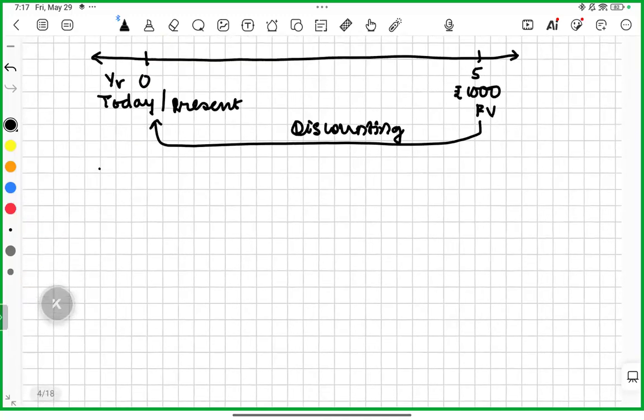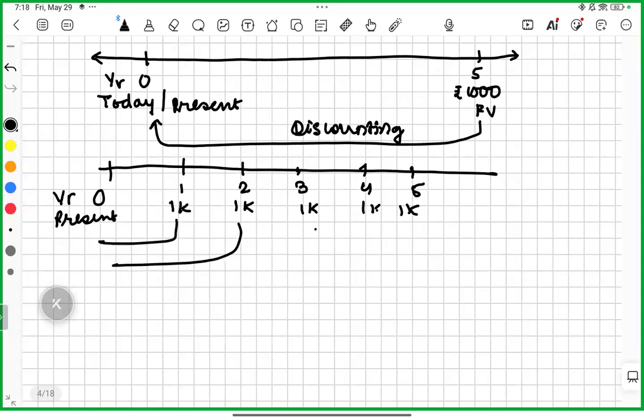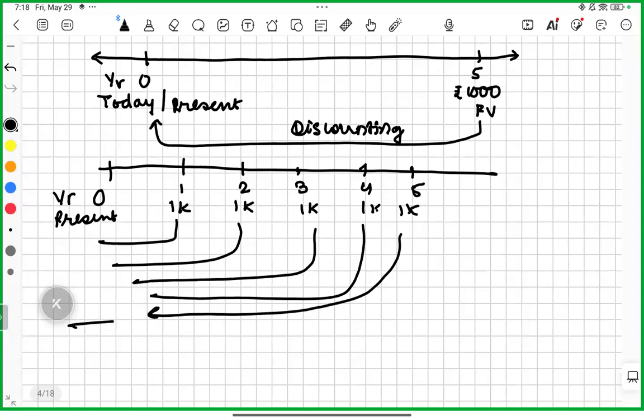Similarly, you can also have a situation where you are receiving, let us say at the end of year 1, at the end of year 2, at the end of year 3, 4 and 5 and so on, 1000 at the end of every year, and you are supposed to find out its present value in year 0 or present or today. So you will have to find out the present value of each of these amounts and then make a total, which is called the sum.